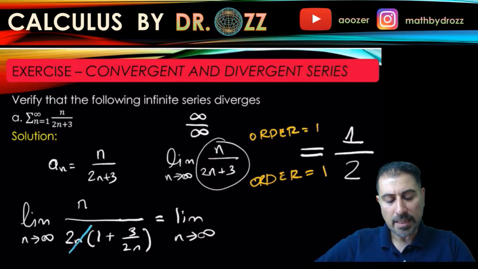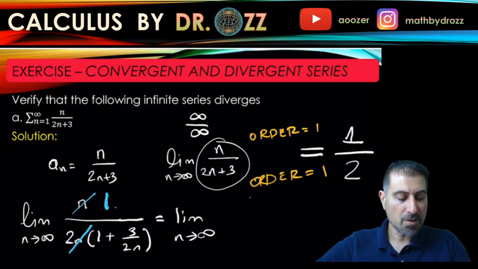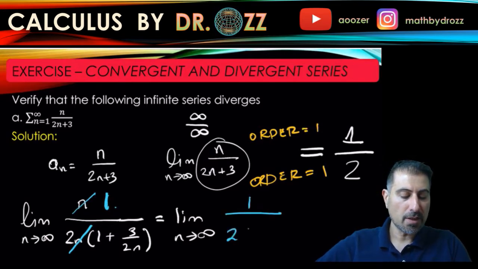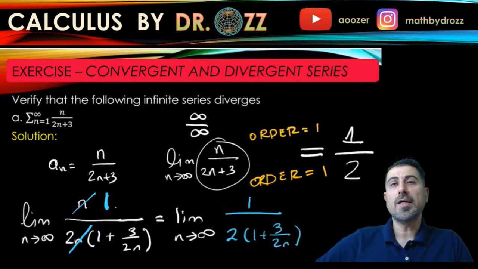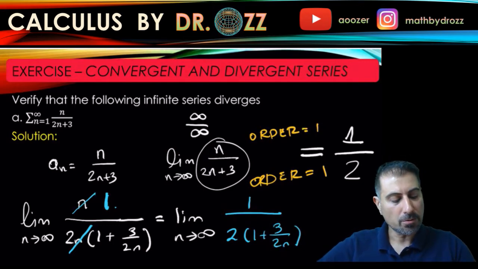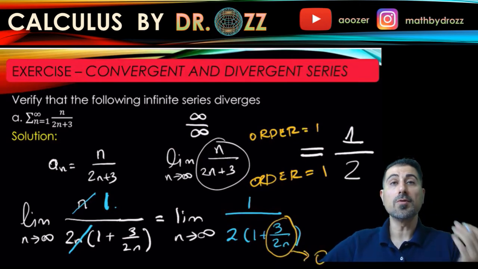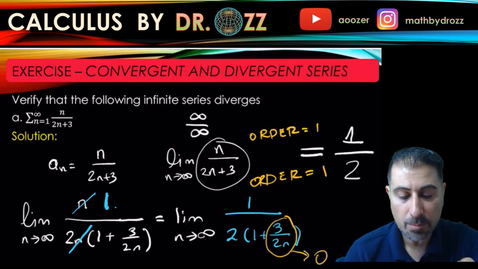The n's are going to cancel, so I'm left with 1 at the top, and that means I have 1 over 2 times 1 plus 3 over 2n. This way I can pass the limit, and this term is going to approach 0, because 3 over a large number approaches 0.